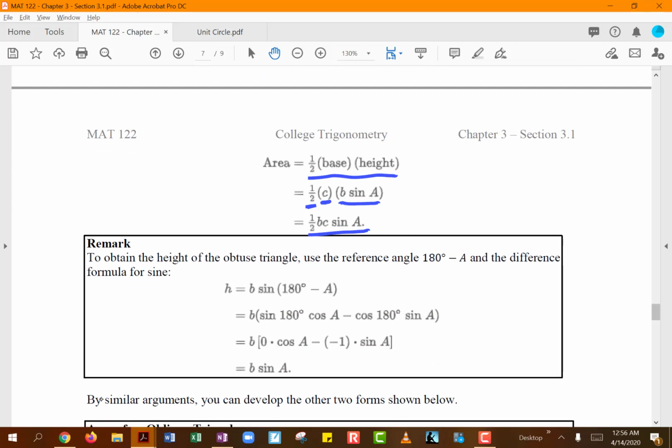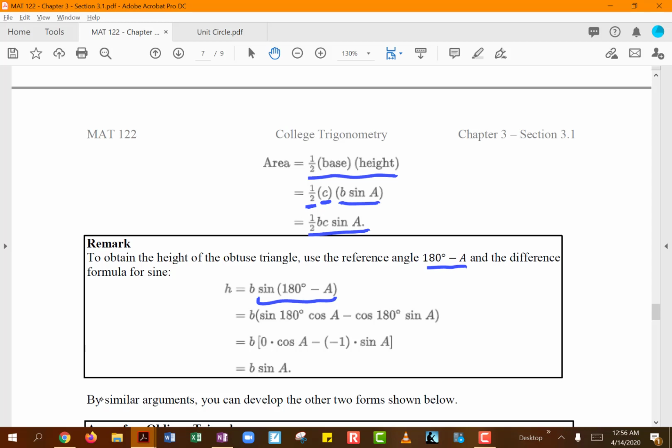And just as a remark here, they're talking about you can also obtain the height of the obtuse triangle by using the reference angle 180 degrees minus A. And then what's happening here for this part, you are actually using the difference formula that we saw, I think it was section 2.3 or 2.4 where we talked about the difference formula.